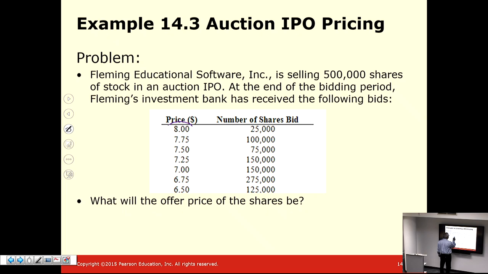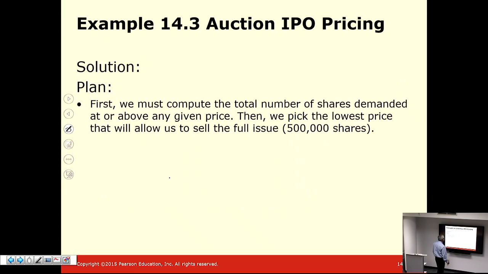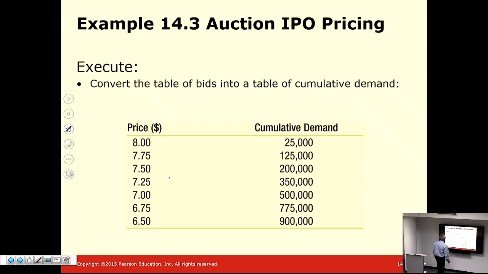So we have a company saying that they will buy 25,000 shares at $8. Another company says we'll buy 100,000, but we will only pay $7.75. And notice now, based on the bids, I have ordered them from the highest bid to the lowest bid. Then I go from the highest bid. I look at the number of shares that would be bought at that bid.